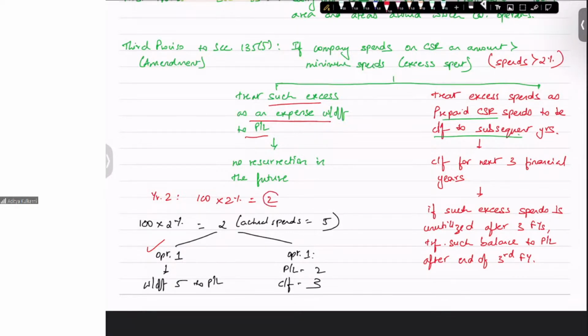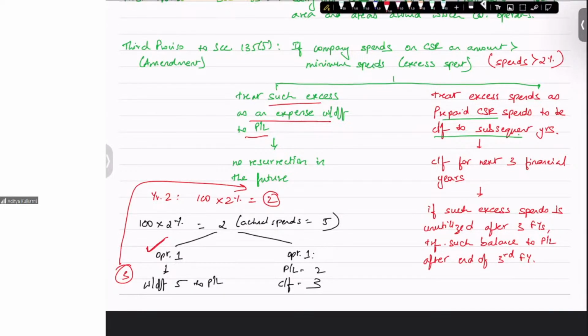So now the question is, you opted for option 1. There is an extra that you had spent of 3 rupees, but you took it entirely to the P&L. Now in year 2, you cannot wake up and say, I will utilize the 3 rupees to meet my liability of 2. Why?